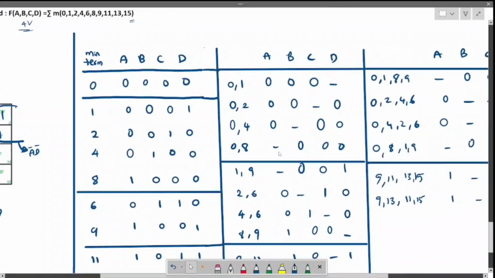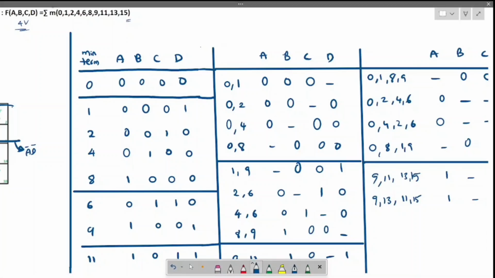It is a 0 group, meaning minterm 0 contains all 0s. Next, we group in such a manner that minterms have only a single one, like 1 in binary is 0001, for 2 it is 0010, and for 4 it is 0100. Next, we give priority to minterms with 2 ones.